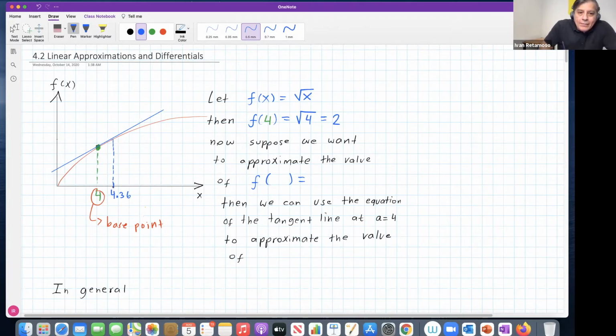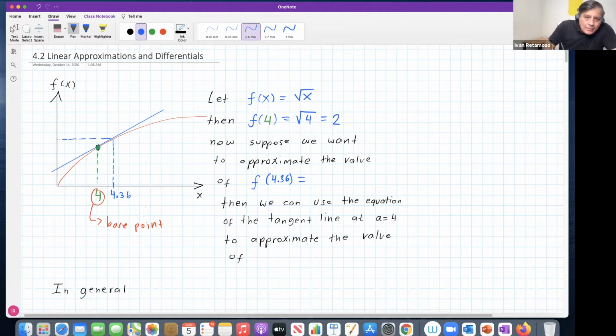So basically, if I'm trying to evaluate 4.36 at this function, square root of x, instead of using the curve, I can use the tangent line, right? And then output this value, right? That's the whole idea, guys. And we're gonna do it formally.